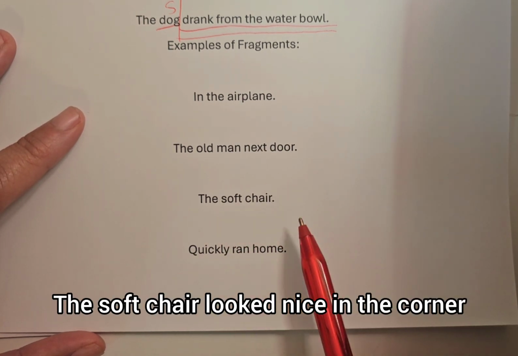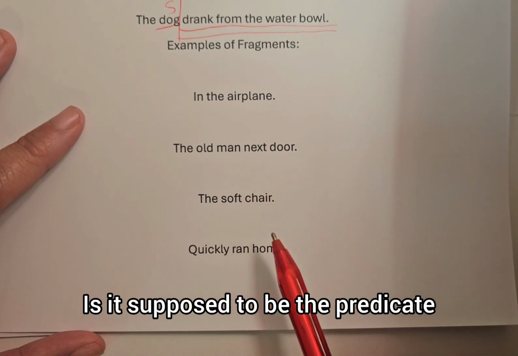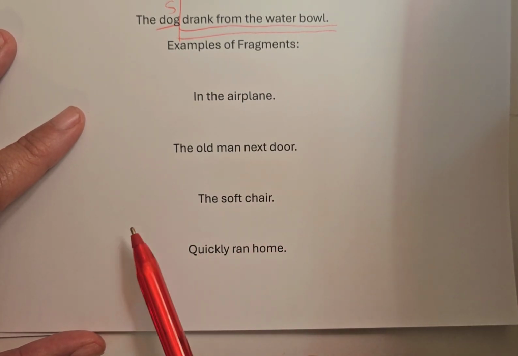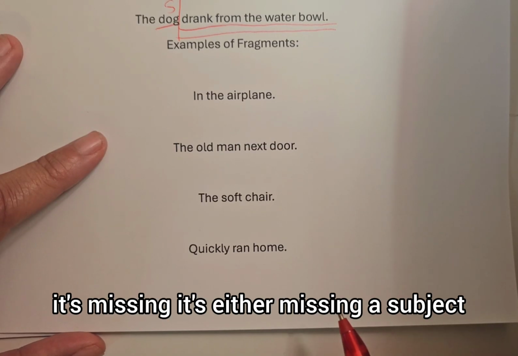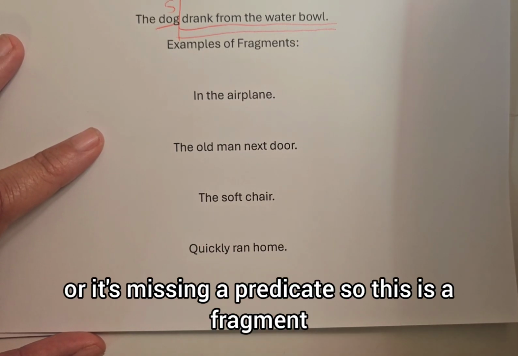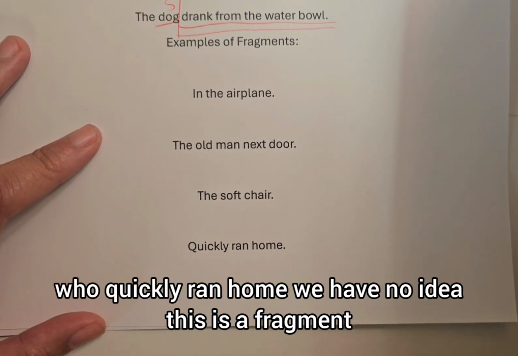The soft chair looked nice in the corner. Is it supposed to be the predicate? The girl sat in the soft chair. We don't know. It's either missing a subject or it's missing a predicate. So this is a fragment. And quickly ran home. Who quickly ran home? We have no idea. This is a fragment.